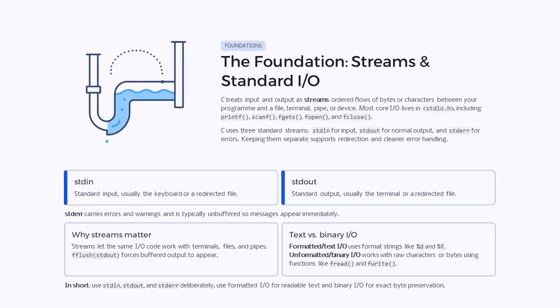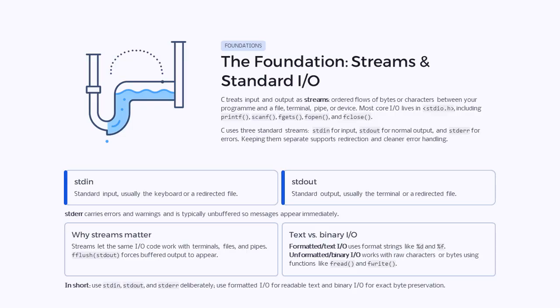C uses three standard streams: stdin for input, stdout for normal output, and stderr for errors. Keeping them separate supports redirection and cleaner error handling.